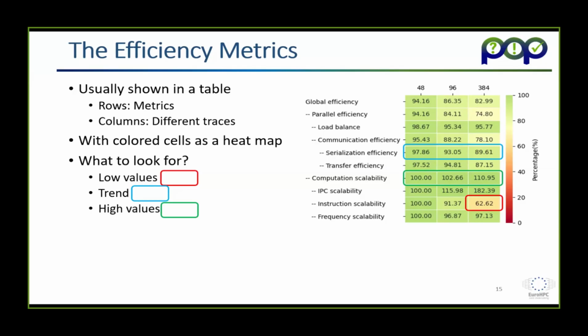So questions. How can it be that there's a value above 100%? Nobody's worried about that. Everybody's fine with values going above 100%. This happens in the scalability metrics, because as I said, scalability metrics are computed based on a base case.